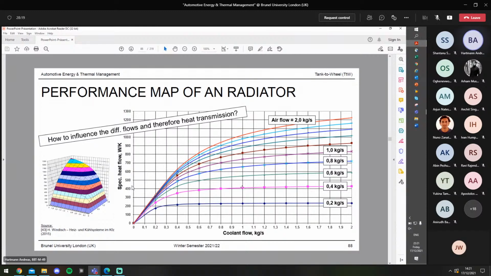The next question to you now is, if this one is not sufficient, if you need more heat transfer to the environment to keep the engine temperature stable, what would you do? Would you increase the coolant flow or the airflow, and how can you do this?